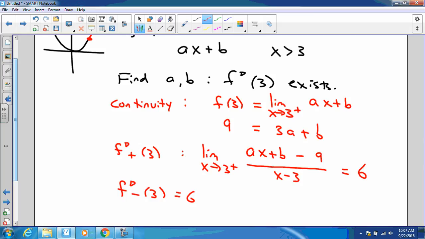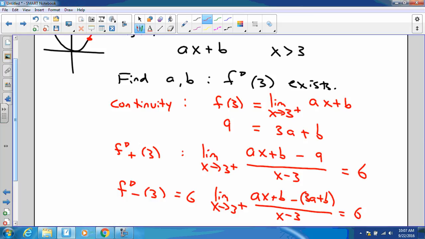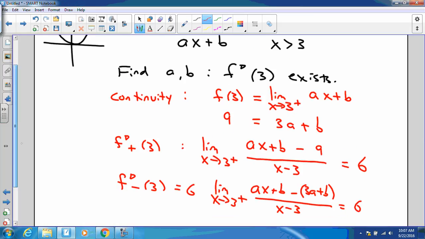And if this is going to be the case, and I know already that 9 is the same as 3a plus b, see my clever substitution.